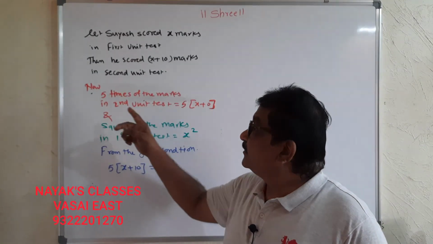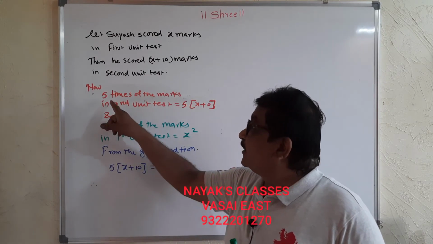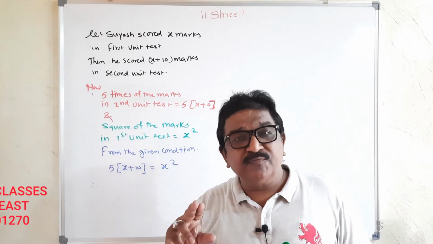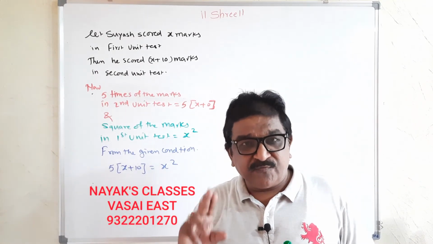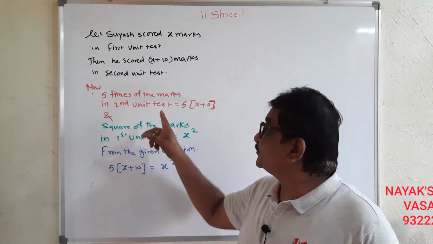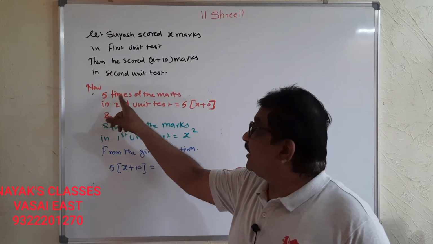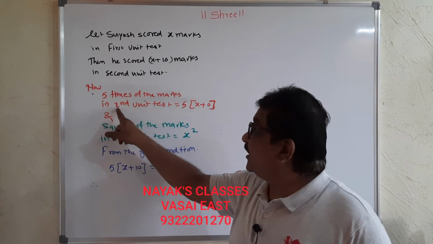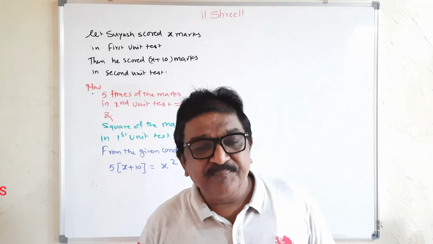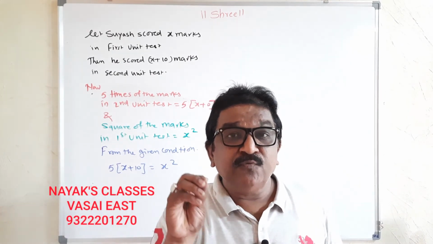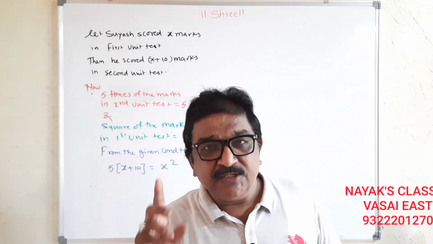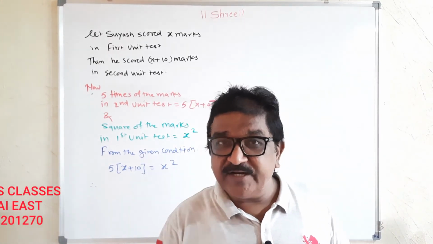Then there is a condition. They say make 5 times of the marks scored in second unit test.